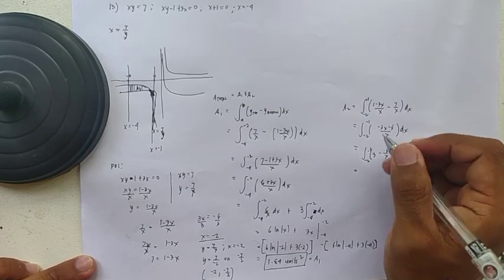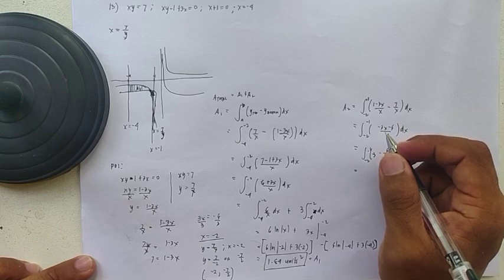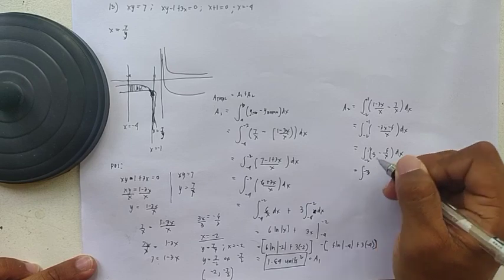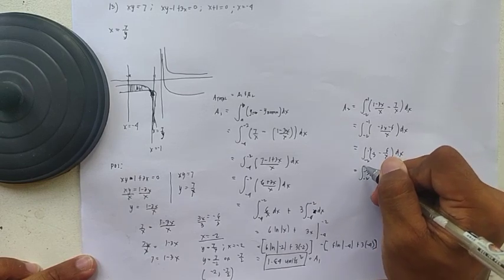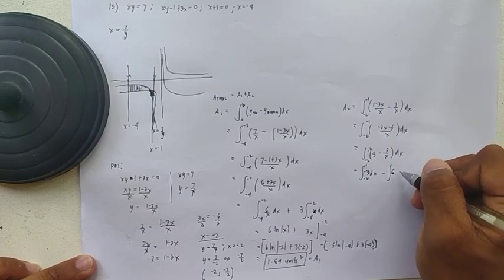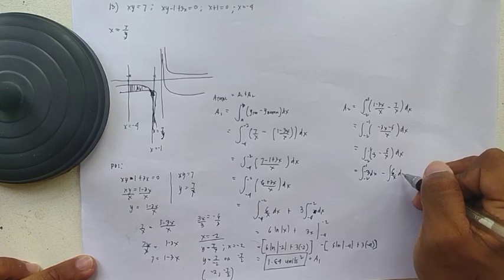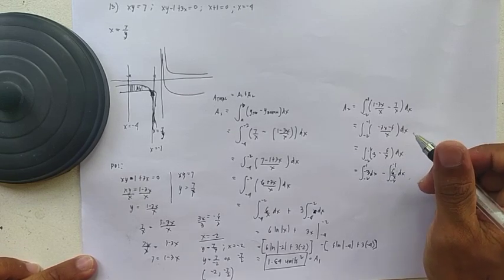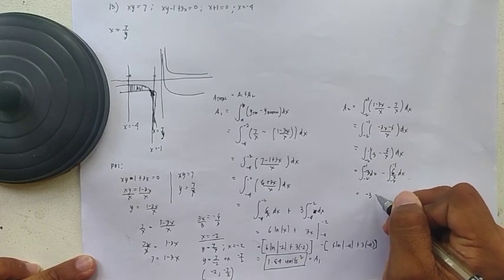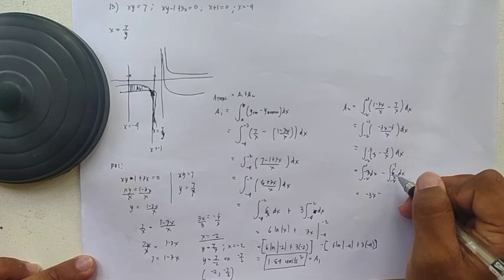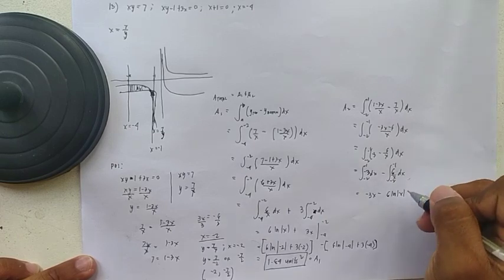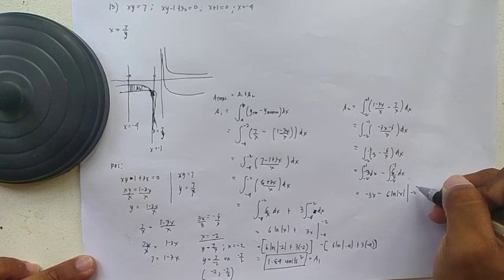So magiging the value of area 2 equals to the integral of negative 3 dx from negative 2 to negative 1 minus the integral of 6 over x dx from negative 2 to negative 1. So kapag kukunin natin yung value po nito, magiging negative 3x minus yung value na itong 6 over x ay 6 ln of x from negative 2 to negative 1.